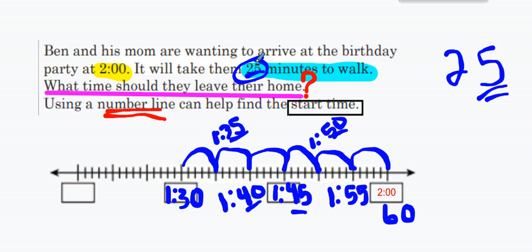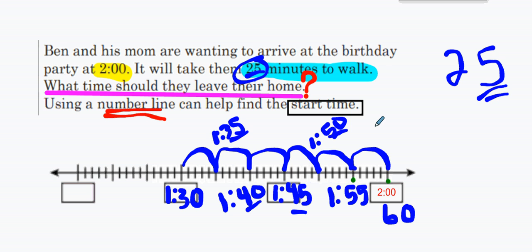Now, how many minutes did I need to go back in the clock? 25 minutes. So let me see if I went back 25 minutes or if I didn't count enough. Let's see. Every hop from one long line to the other is 5 minutes.